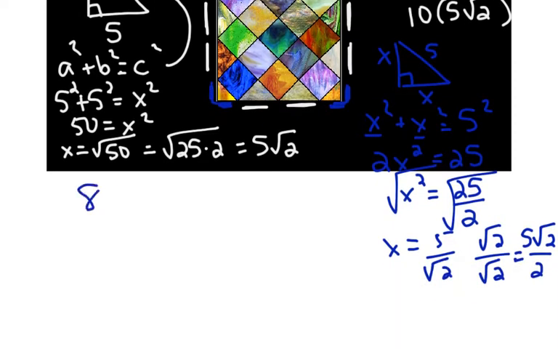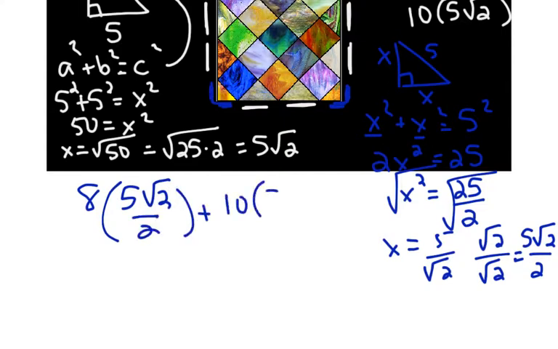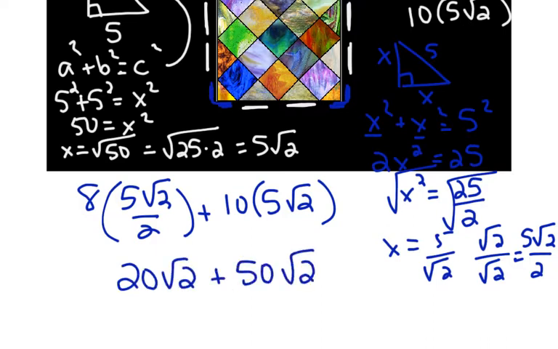So I have 8 of these 5 the square root of 2 over 2 pieces, plus 10 of these 5 the square root of 2 pieces. So let's see, I'm going to get 40 over 2, which is 20 the square root of 2, plus 50 the square root of 2, which tells me the perimeter is 70 the square root of 2.